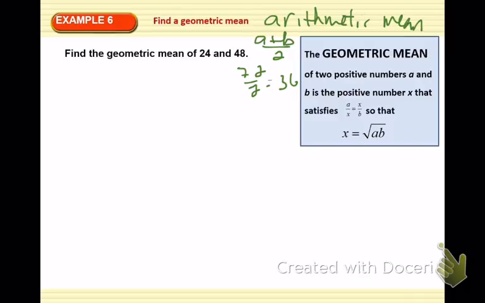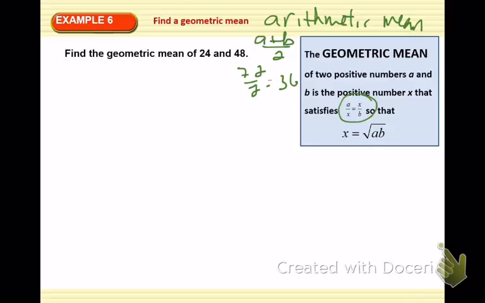What it is, for two positive numbers, a and b, the geometric mean would satisfy a proportion written with a and b. So it's a way for us to see that a and b are proportional, are in a certain ratio, that kind of thing.